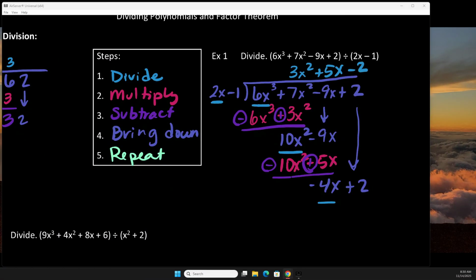Then we'll do the multiply step. -2 times -1 is +2. -2 times 2x is -4x. Then we have the subtraction step where we change both of those signs. This time, when we do our subtraction step, we get a remainder of 0.